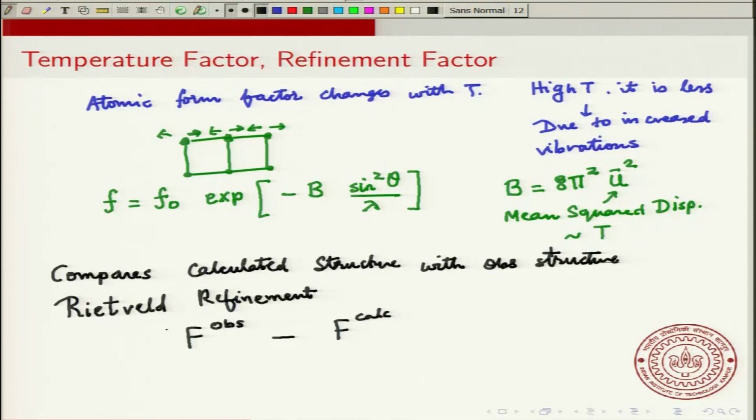And this difference is used to actually improve the structure. So you try to minimize this difference. If the difference is too large, then you modify the structure a bit till this difference is very less. Okay. So, it is used to refine the structure.